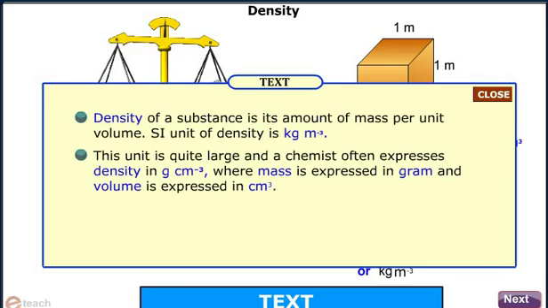SI unit of density is kilograms per meter cube. This unit is quite large, and a chemist often expresses density in grams per centimeter cube, where mass is expressed in gram and volume is expressed in centimeter cube.